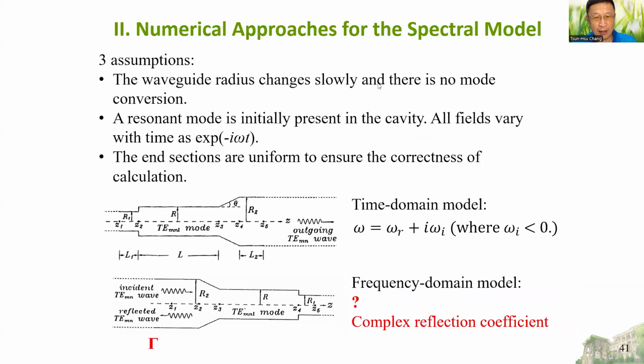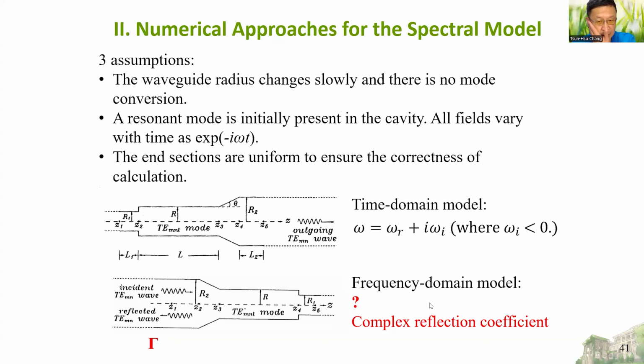Okay. Numerical approaches for the spectral domain, we also make 3 assumptions. In time domain, we use this structure. In frequency domain, you can use a slightly different structure. We use the incident wave from here, and it is partially transmitted and partially reflected. And we assume a reflection coefficient here.